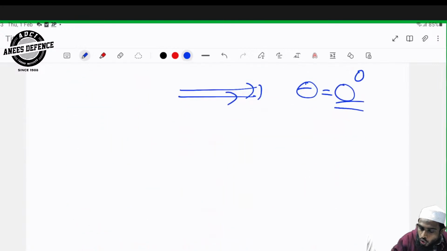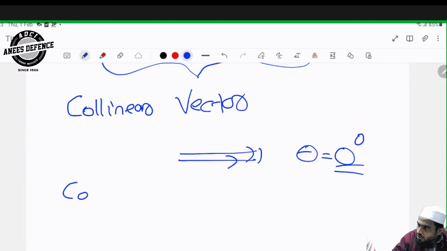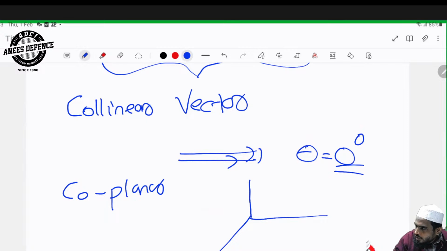Then coplanar vectors. Similarly, in a collinear vector, one vector is above the first vector. Now it is a coplanar vector. For example, this is 3D.